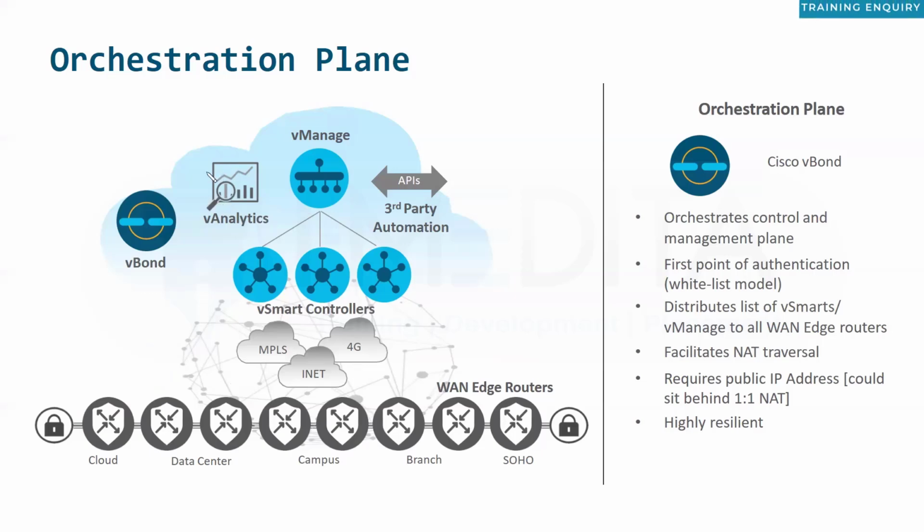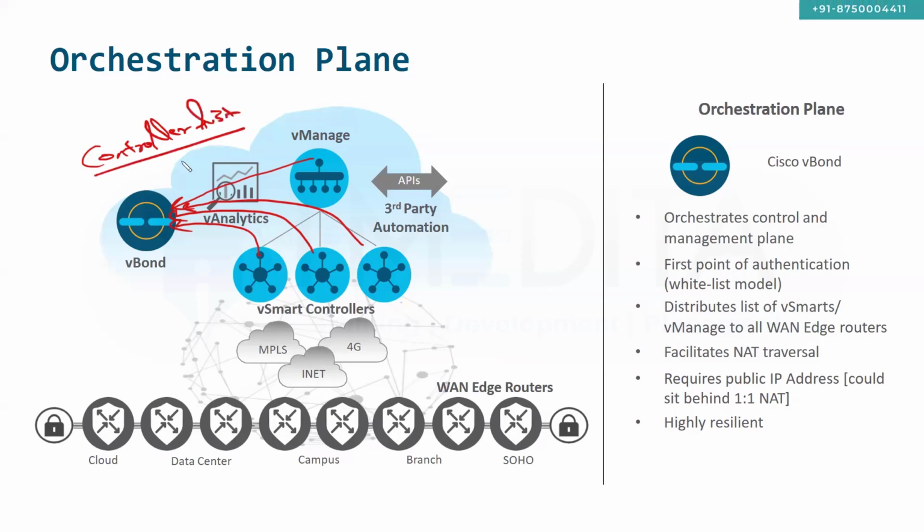Once you deploy your control components, vManage will have a permanent connection with vBond. At the same time, vSmart will also have a permanent connection with the vBond. That's how the vBond has a controller list. It knows which vManages and which vSmarts we have. It is maintaining a complete controller list.